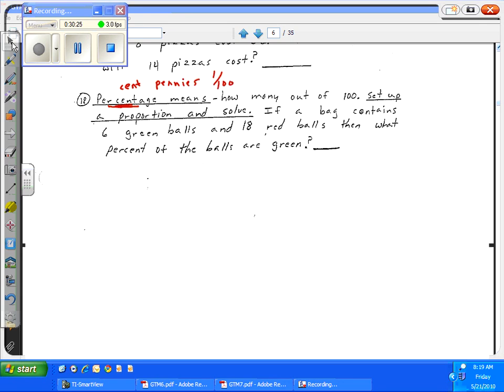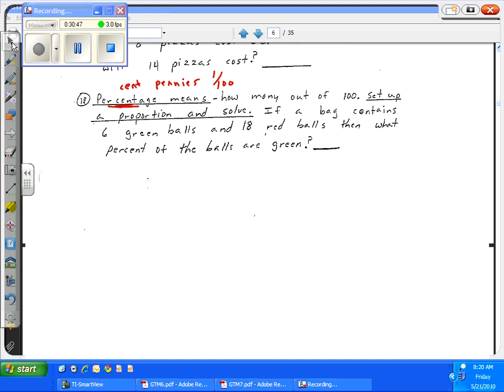A penny is 1/100th of a dollar. So how many out of 100, or how many hundreds? We're going to set up a proportion and solve. It says if a bag contains 6 green balls and 18 red balls, then what percent of the balls are green?